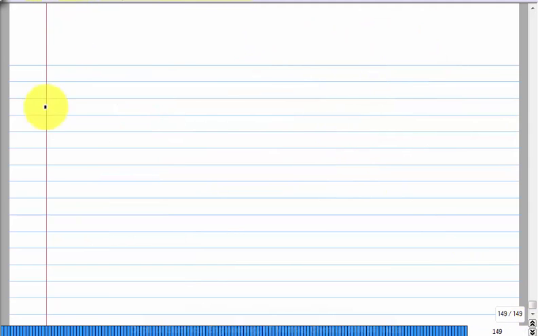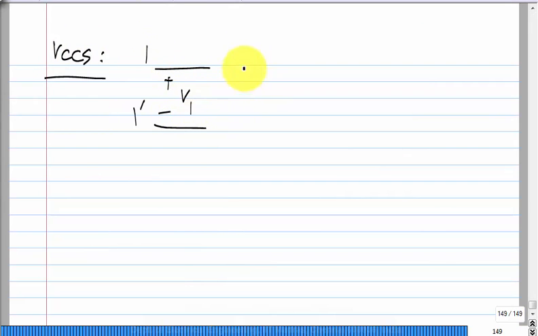Similarly, if you have a voltage controlled current source, this should be pretty obvious. What is the parameter set that can be used to describe this? It looks like the equivalent circuit of some parameter set, right? What is that?